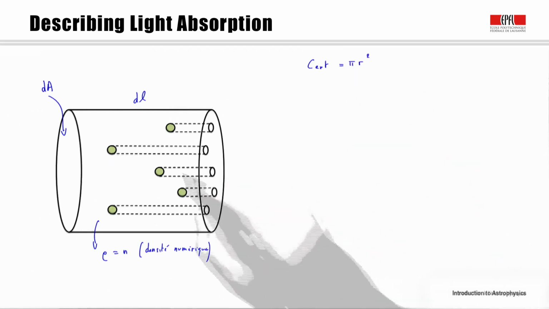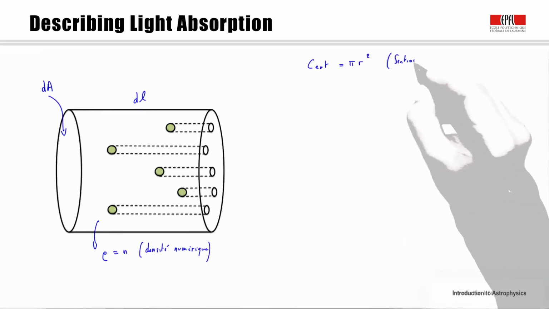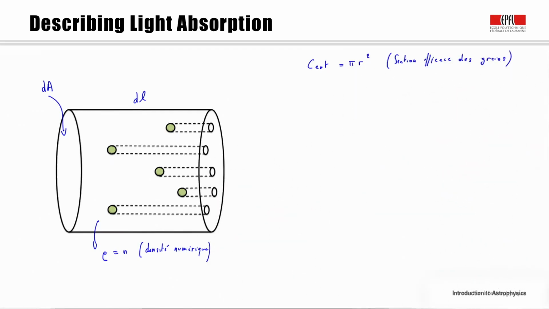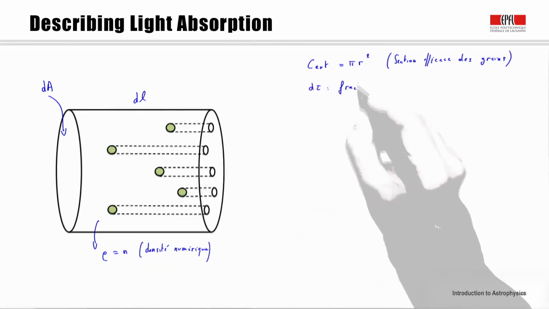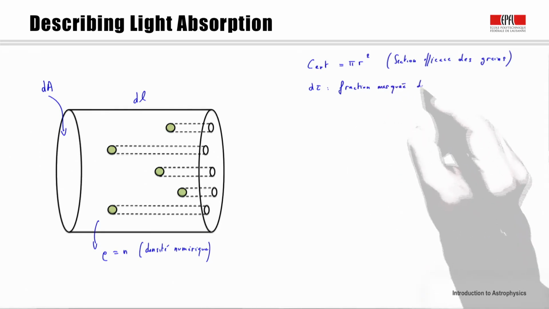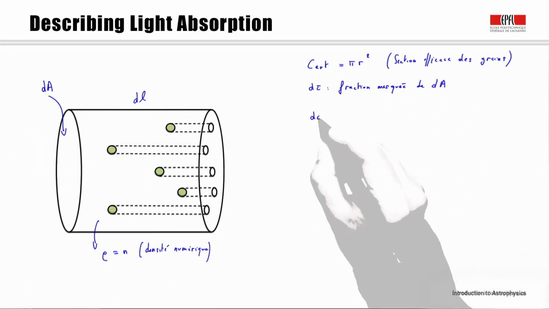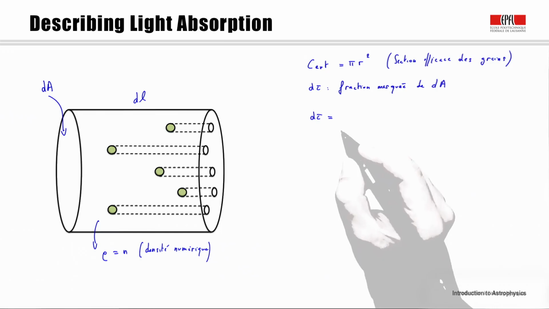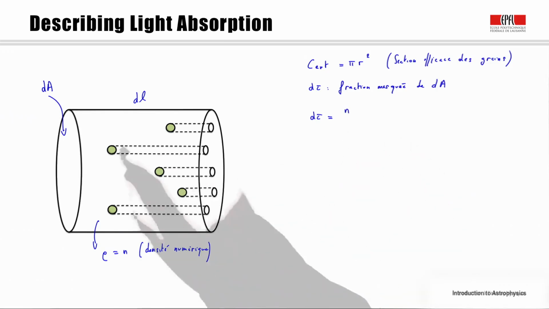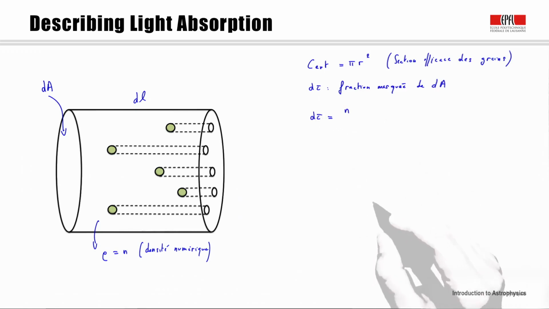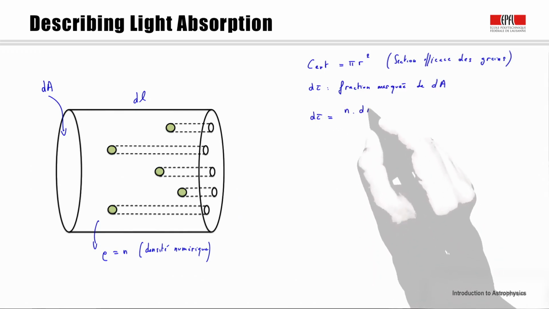This allows the determination of the extinction coefficient that is simply equal to, if r is the grain radius, the cross-section of the dust grains. Now, it is possible to estimate the fraction of the surface dA screened by all the dust grains. This would be simply dτ, the number of the particles in the box, times the cross-section, which we have called the extinction coefficient.